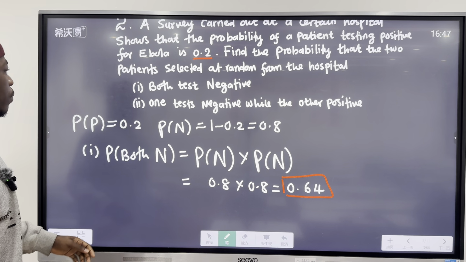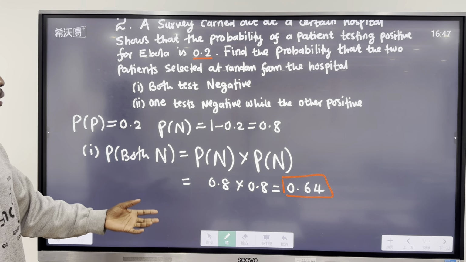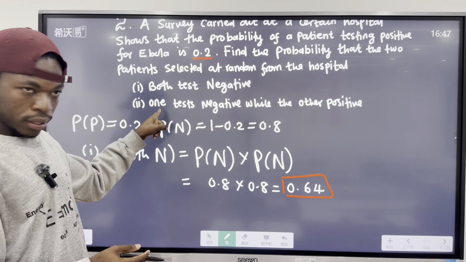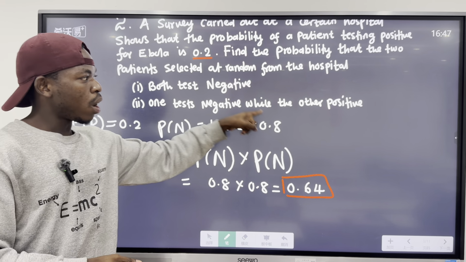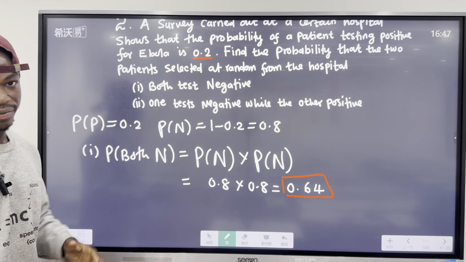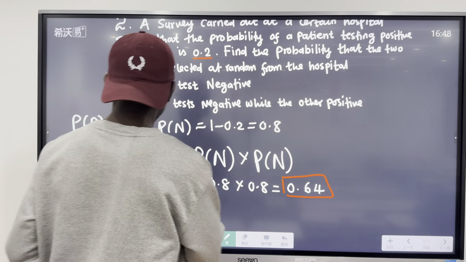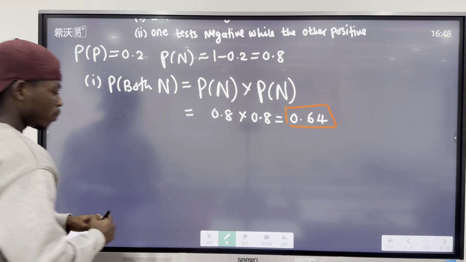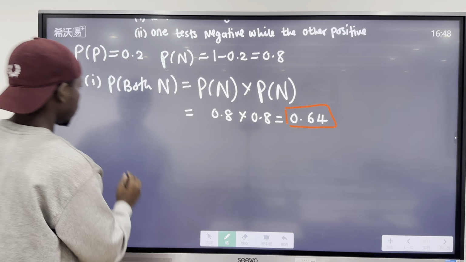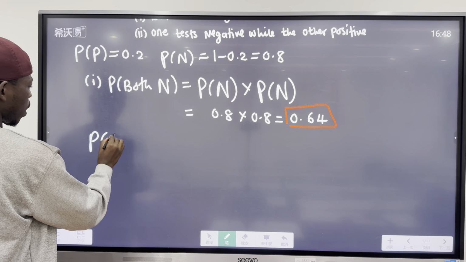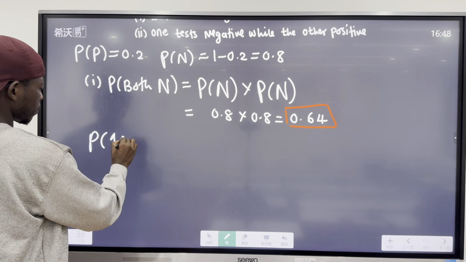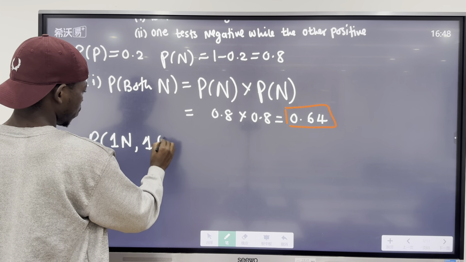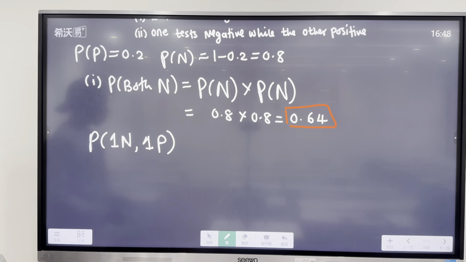Okay, the next question. What is the probability that these 2 patients selected at random from the hospital, one tests negative while the other tests positive? So what is the chance that one is negative while the other is positive? So 1 negative, 1 positive.